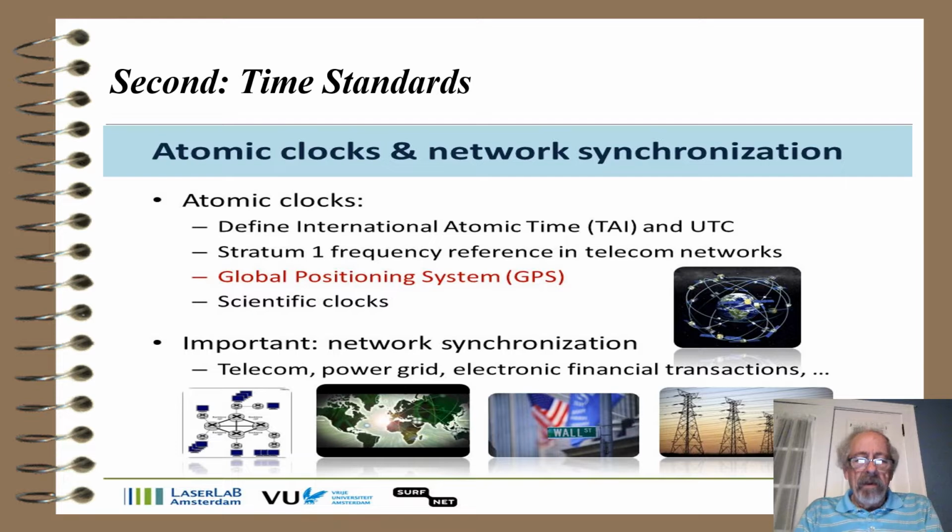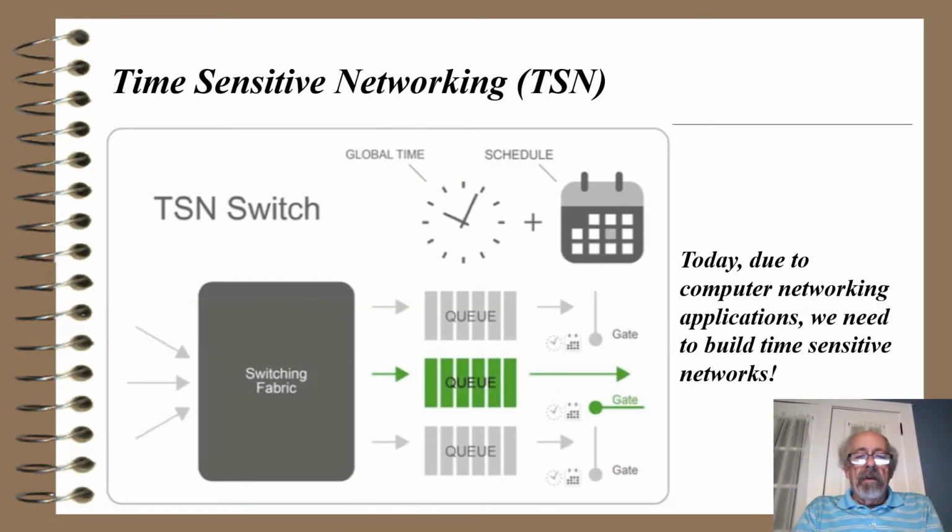So you see 4 little pictures there of a network on the far left, a picture of the world, Wall Street, and power grid. So it turns out, again, especially as we go into the Internet of Things, there'll be a need for low latency and very accurate time. We have developed time-sensitive networking, or TSN.